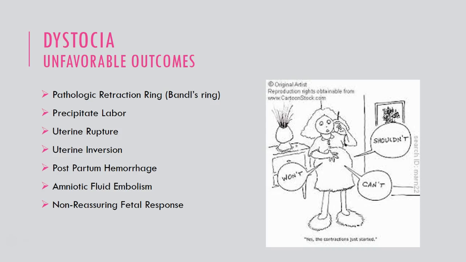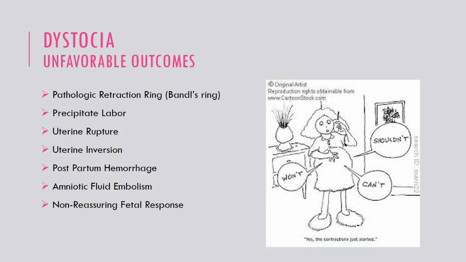Postpartum hemorrhage, on the other hand, if you have somebody who's had hypotonic contractions throughout their labor process, that tells you that their uterus is not contracting like it should, right? So if it's not contracting like it should during labor, then chances are it won't contract like it should after labor.